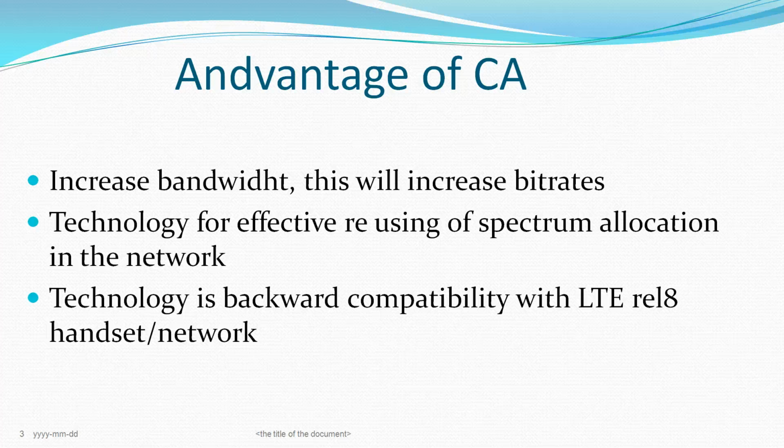It is also a technology for reusing spectrum allocations within the network. We all know that in today's networks, there's a lot of spectrum that is not used in an efficient way. The technology of carrier aggregation is also backward compatible with LTE release 8 networks. So that means if you have a release 8 device, it will work within the carrier aggregation network.